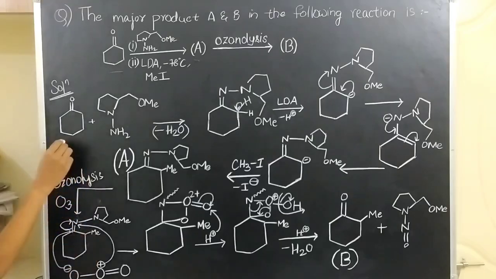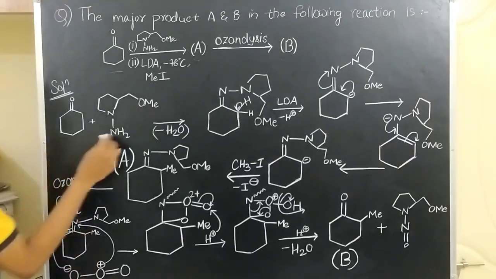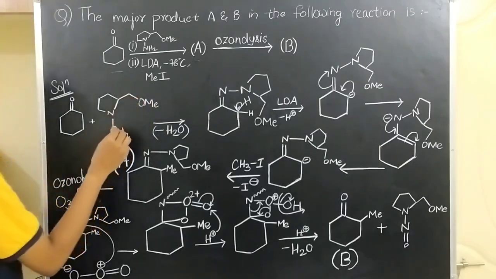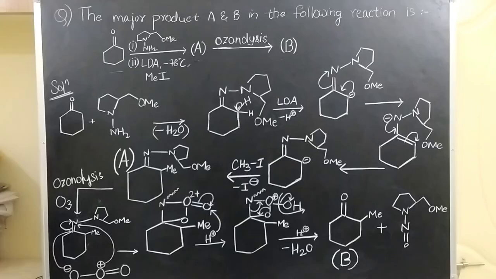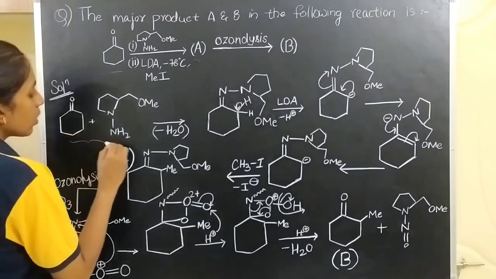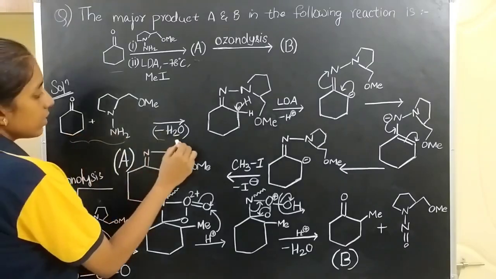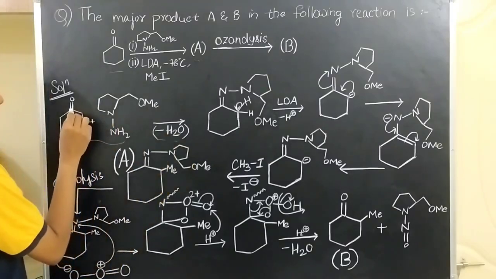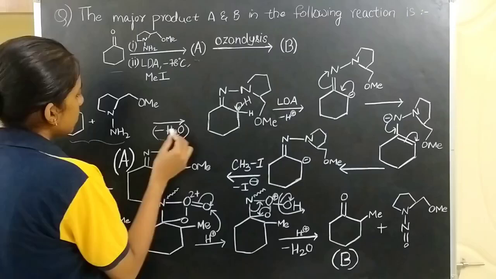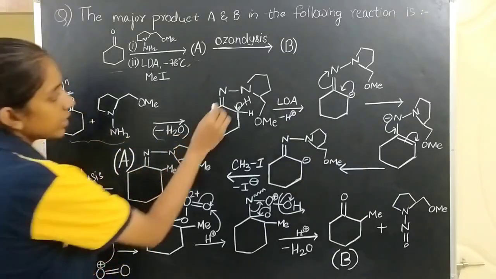Now we will be taking the ketone here, which is reacting with the ether containing N-amino pyrrolidine. So here we will eliminate a water molecule from these two compounds and a double bond is formed between this carbon and nitrogen.